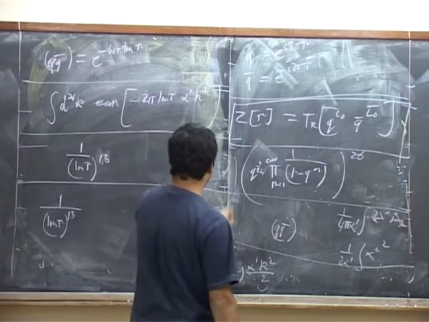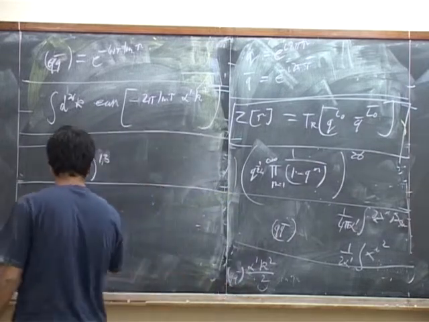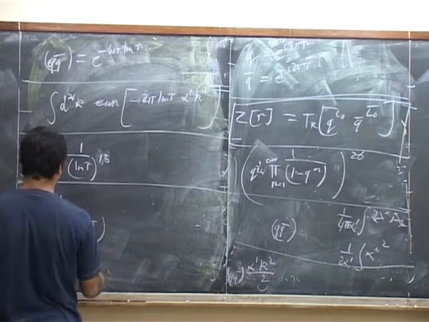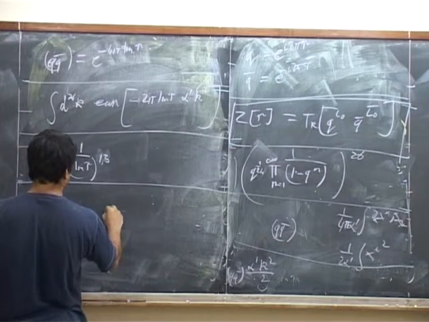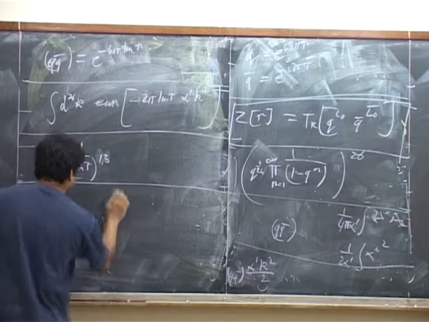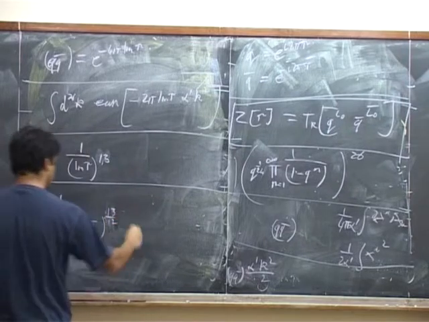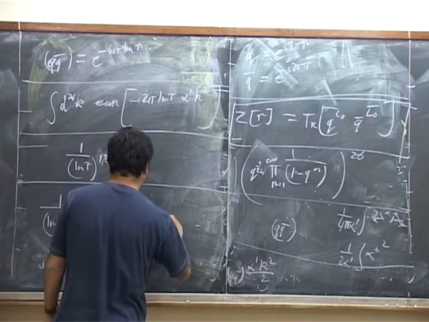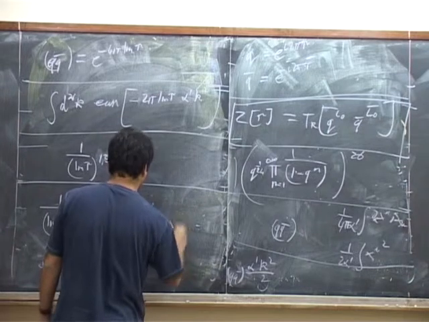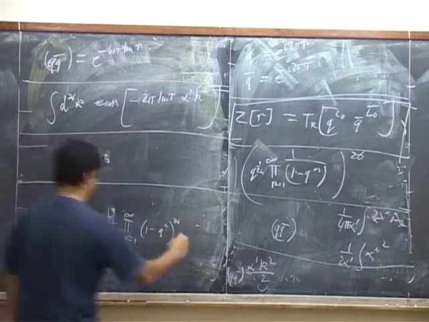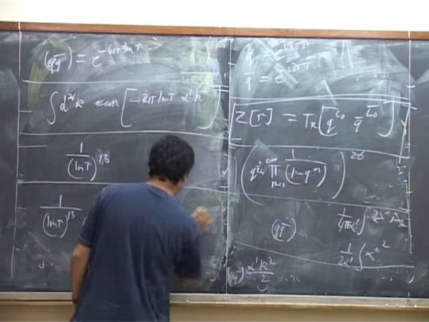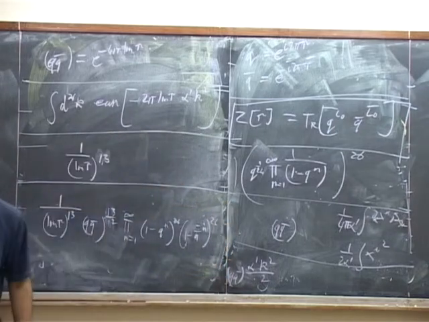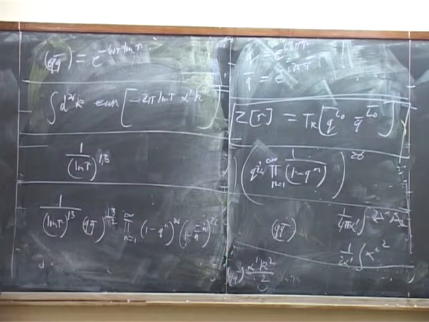Then we had q bar to the power 26 by 24, so 13 by 12. And then the product n equals 1 to infinity, 1 minus q to the power n, to the power 26, times the product of 1 minus q bar. Now some number between.